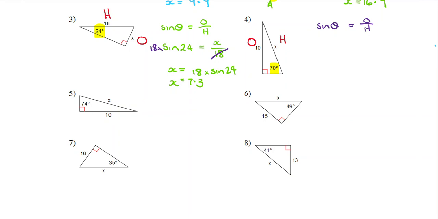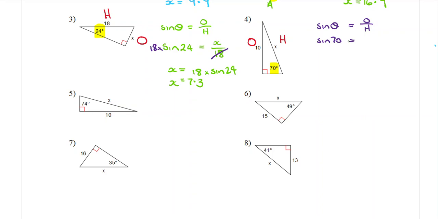So sub in the numbers from the diagram. Who wants to have a try? What's the angle, Kobe? So we never use the 90 as the angle, okay? It's always the other one. So we're going to use the 70. So it's sine 70 equals. Okay, which one have I labelled the O? 10.